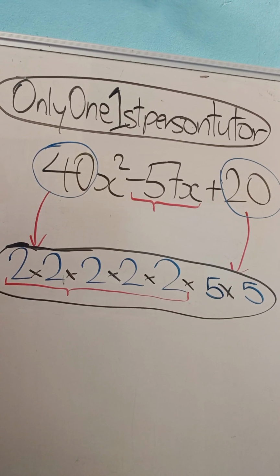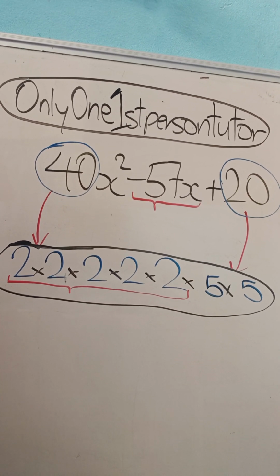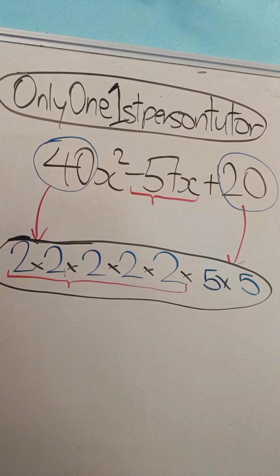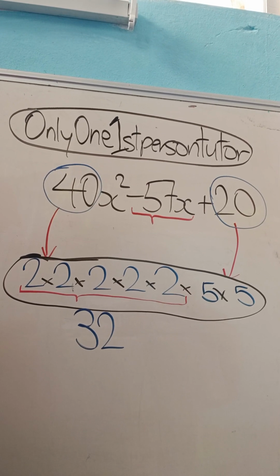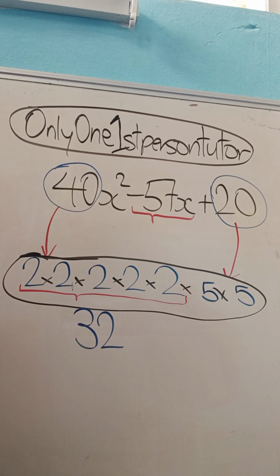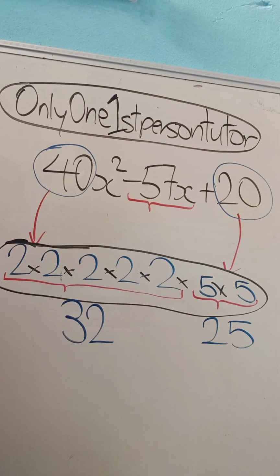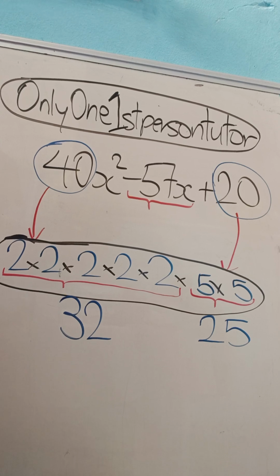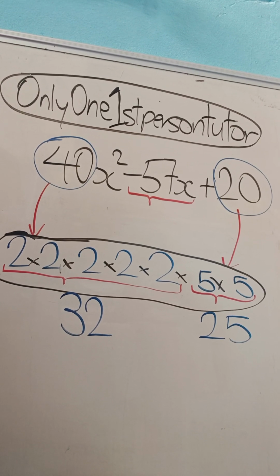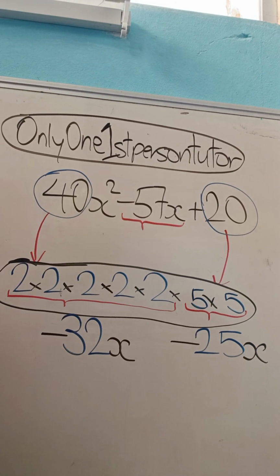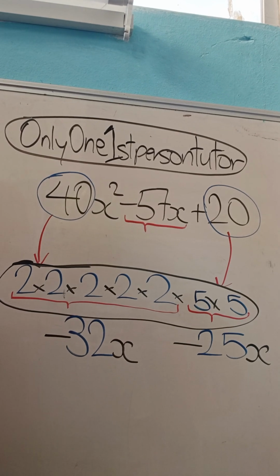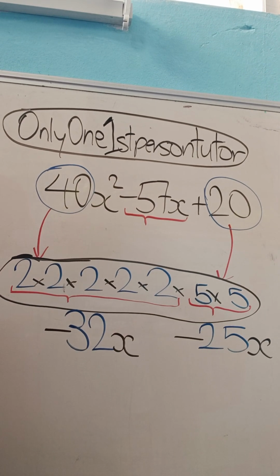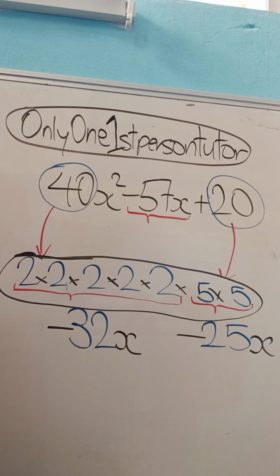Now, if we group all the 2's, we're going to get 32. And then 5 by 5, well, that's 25. So if we add 32 to 25, we'll get 57 when each of them have an x.